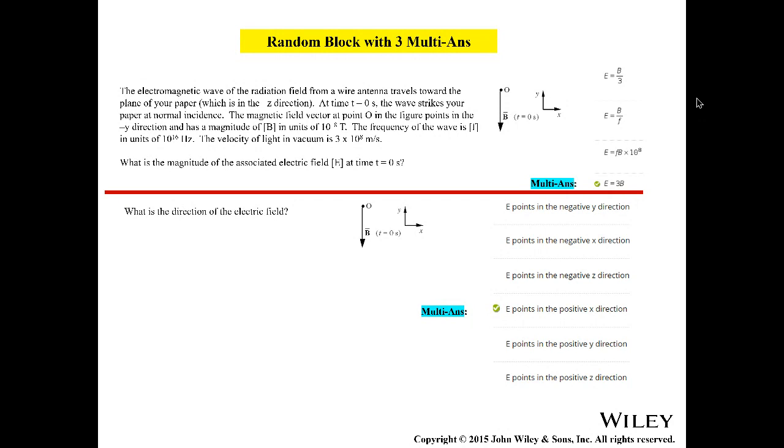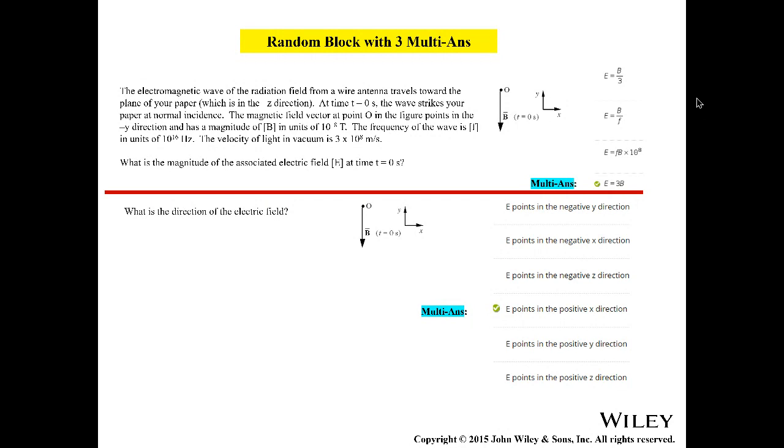Yeah, x cross B. If I have my fingers right, I have my x. Well, this is my board. X cross B is this way. So I don't know which one is the paper now. Oh, the paper is in the negative z direction. Okay, all right. So it is coming down, and the paper is in the negative z direction into the board.